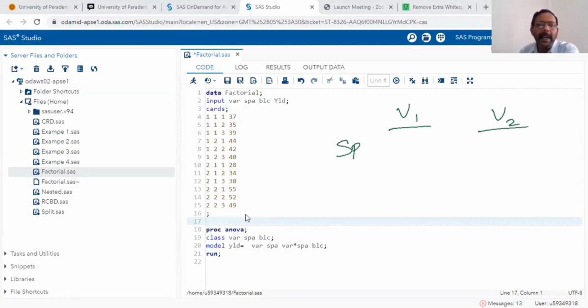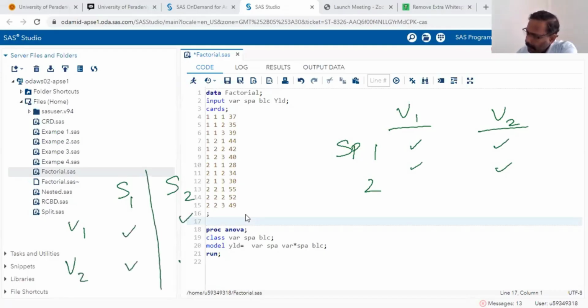How many spacings are there? How many varieties? Two spacings and two varieties, right? So spacing 1, spacing 2, or we can explain spacing 1, spacing 2, variety 1, variety 2.